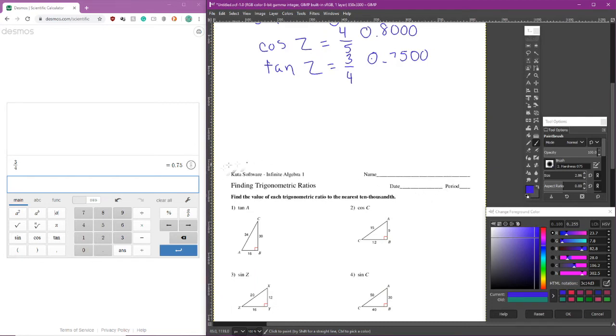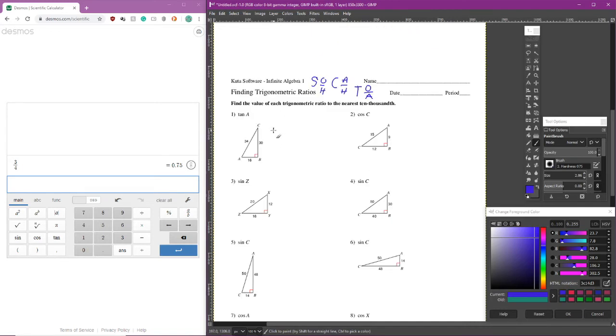So before we start this assignment, we probably want to write our little key so that we can have something to refer to. Remember, we'll just write SOHCAHTOA. S equals O over H, C equals A over H, and T equals O over A. Okay, number 1 asks us to find the tangent of A. So I'm going to first make an arc around the angle A, and then I'm going to label my sides.